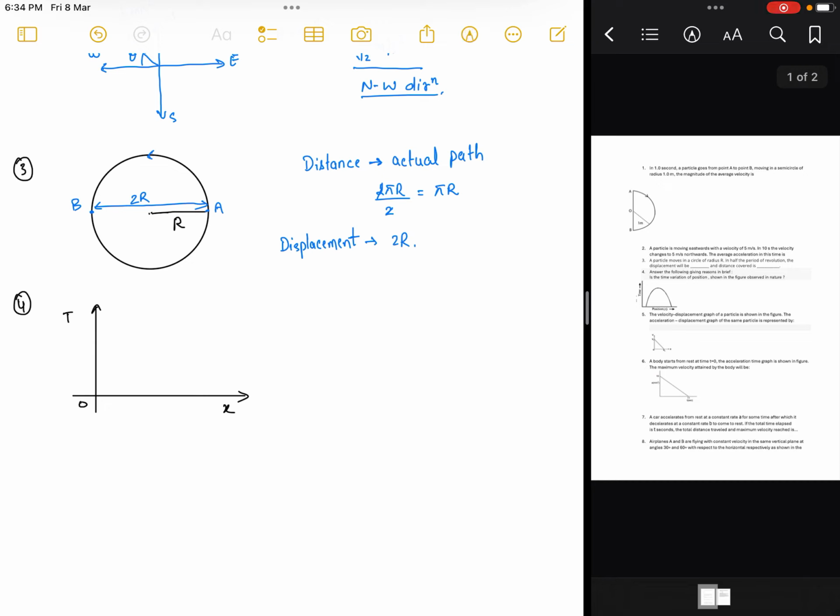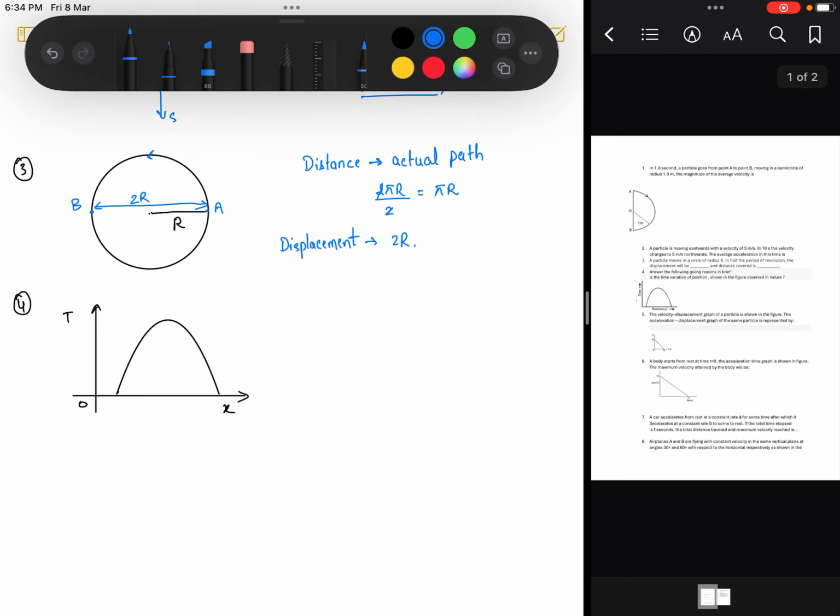The graph is given like this. We have to comment, is the time variation of the position shown in the figure observed in nature? So we have to tell this graph is correct or not.